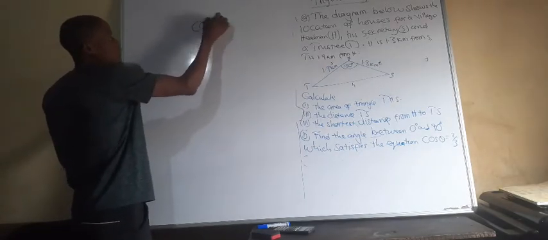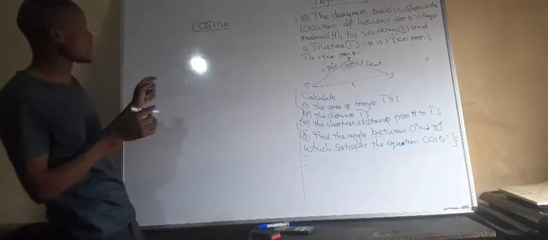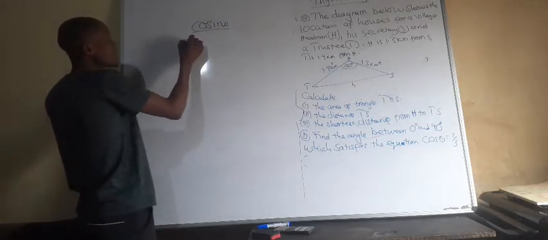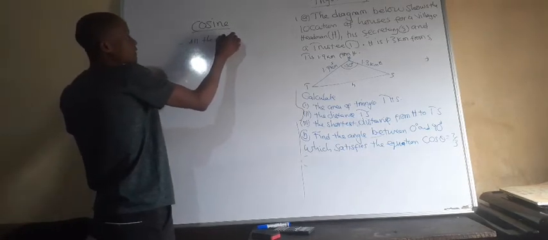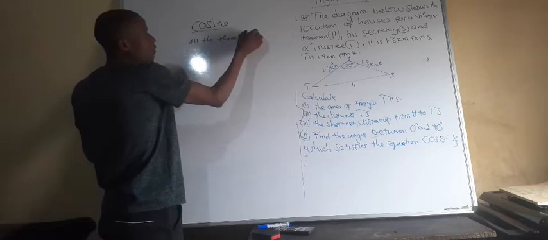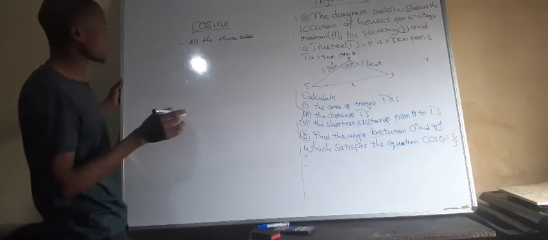So the cosine law, we use it when I've been given all the 3 sides. When all sides have been given, we use the cosine law.